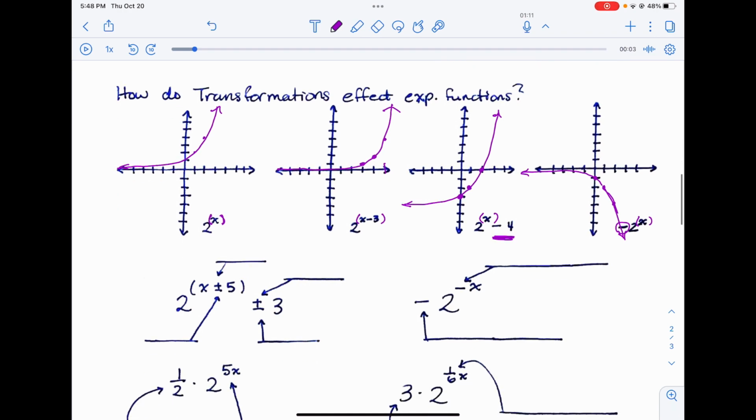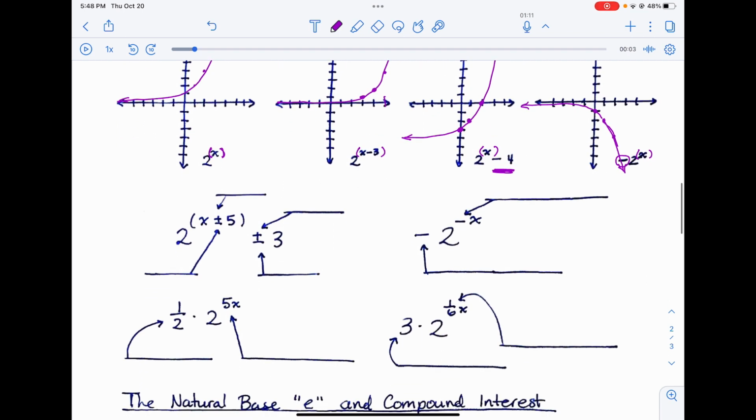So it's still the same kind of thing. You take the original graph and you do what the transformation is telling you to do. Are you shifting? Are you reflecting? So we'll fill in these blanks here. This plus 5 would be a shift left. This minus 5 would be a shift to the right. Plus 3 would be a shift up.